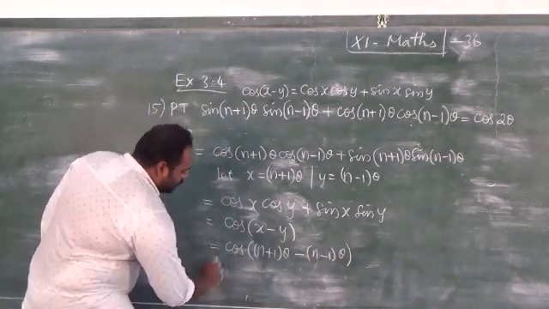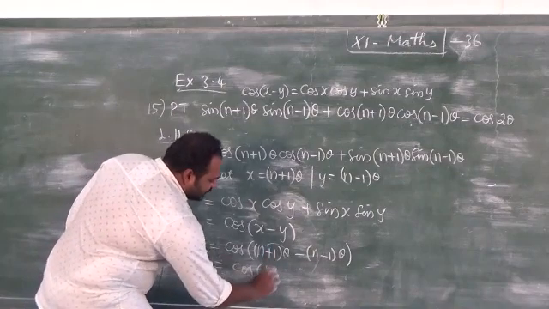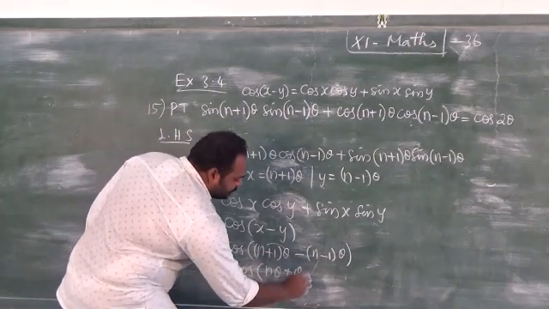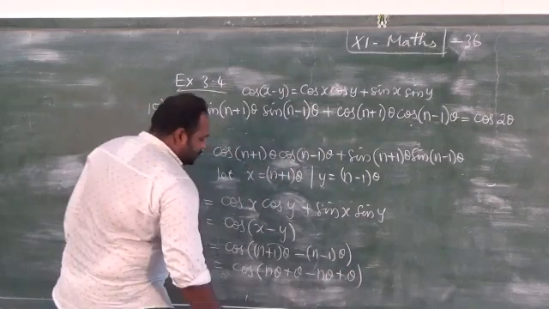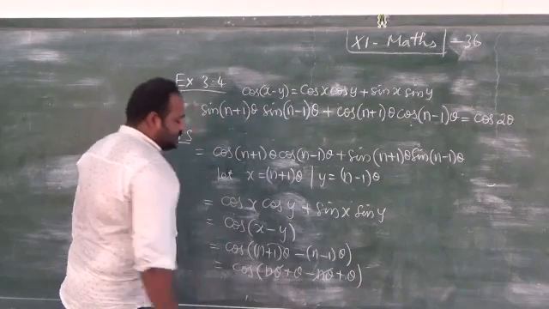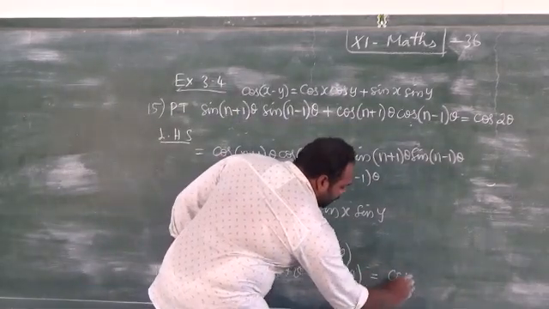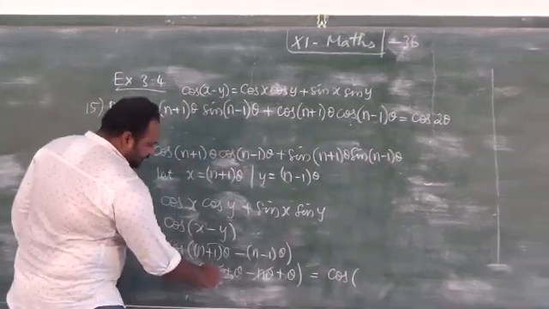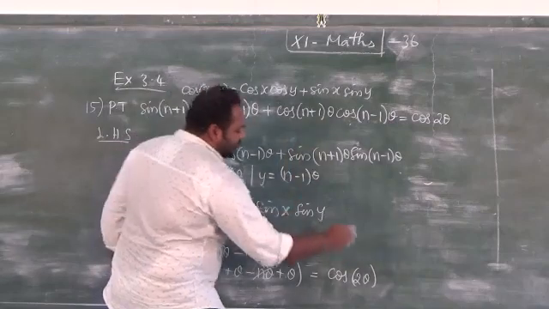Now cos of, multiply inside: n theta plus theta minus n theta, minus into minus plus theta. So plus n theta minus n theta will be cancelled. What is remaining? Cos of theta plus theta is 2 theta, which is the right hand side.